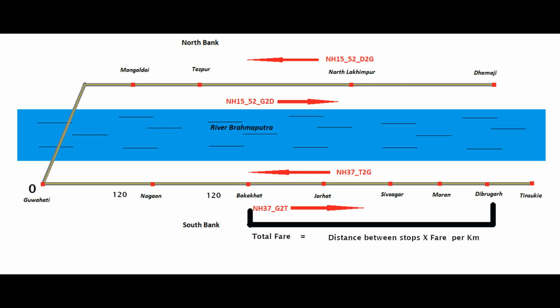For example, say a passenger booked a ticket from Bukaghat, and to calculate the distance from Bukaghat to the origin, we just add 0 plus 120 plus 120. Similarly, to calculate the total fare, we add all the distances of the stops the passenger travels through before reaching the destination and multiply it with the fare per kilometer stored in the database.